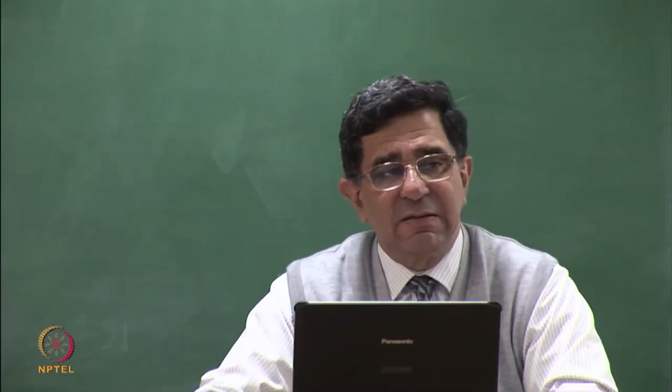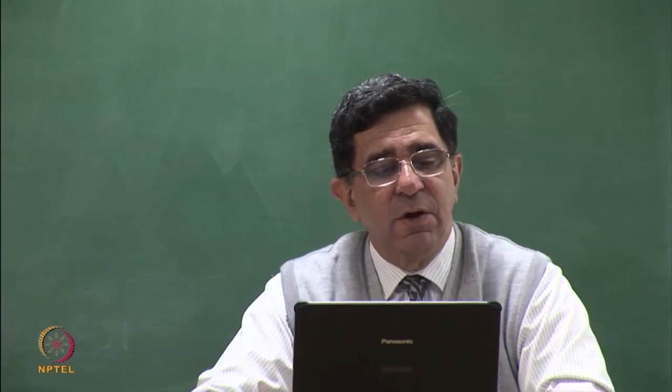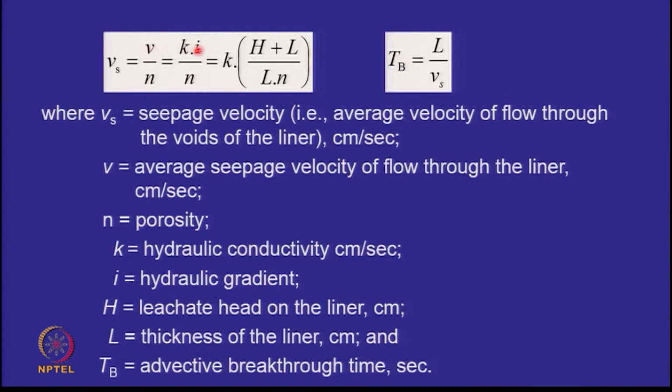And the way to tackle this is as follows. We know that V is equal to Ki, and V is called the average seepage velocity of the flow through the soil or through the liner. We first compute not the average seepage velocity, but the seepage velocity through the voids of the liner.